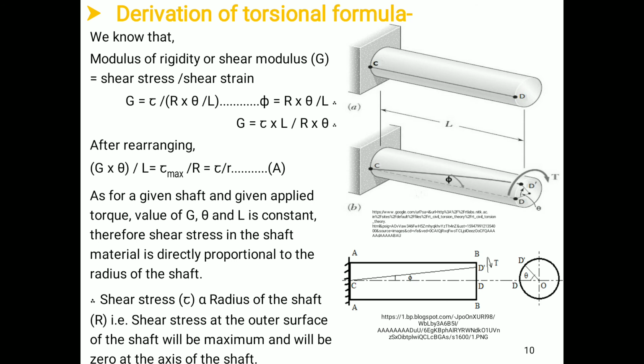Now as discussed in unit number 1, we have the concept of modulus of rigidity or shear modulus, and it is equal to the ratio of shear stress to the shear strain.